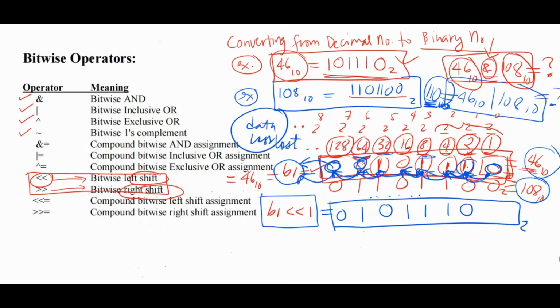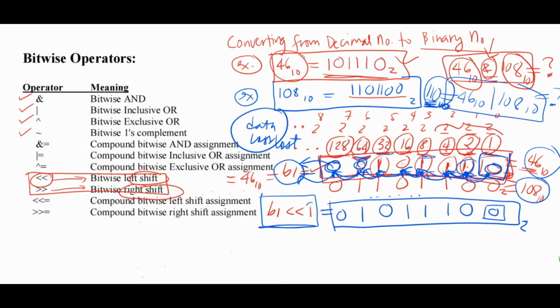So shifting 1 bit position to the left would result in this value. And we have here a vacant position, which is this one here. The vacant position will just be set to 0. So this is the binary value of this expression B1 bitwise left shift 1.